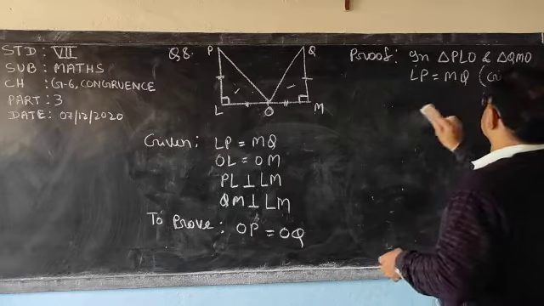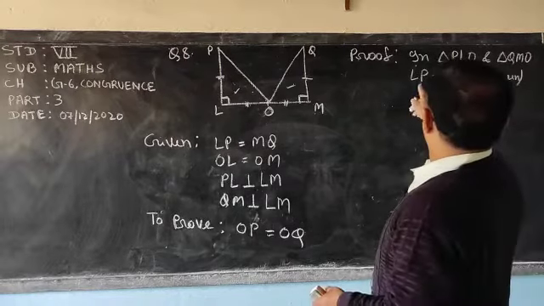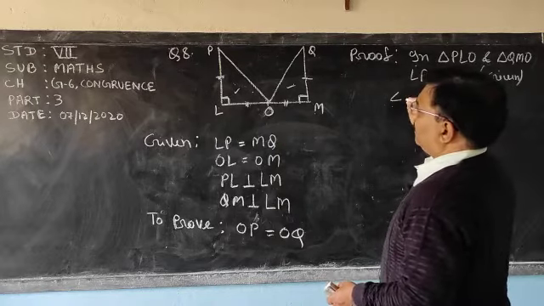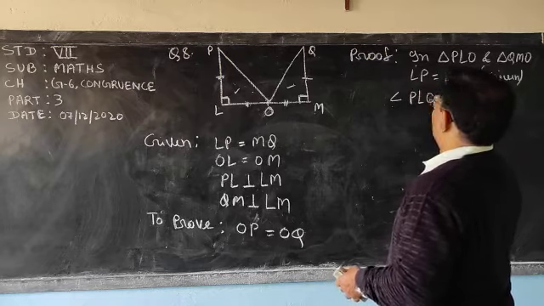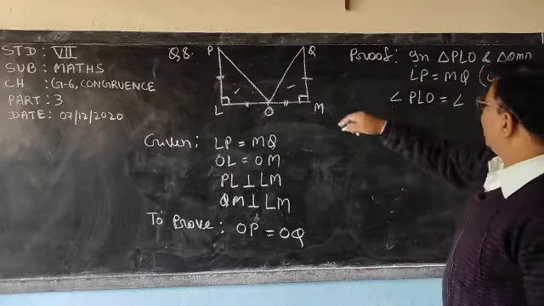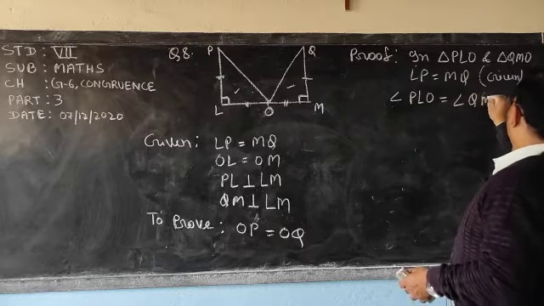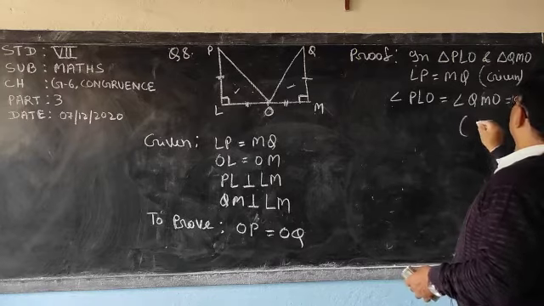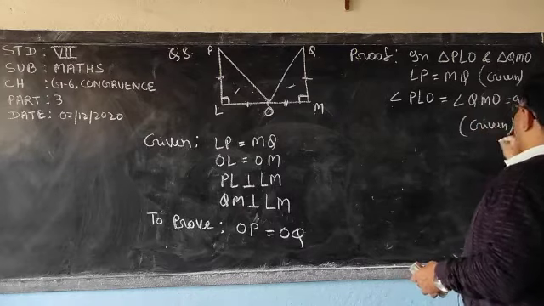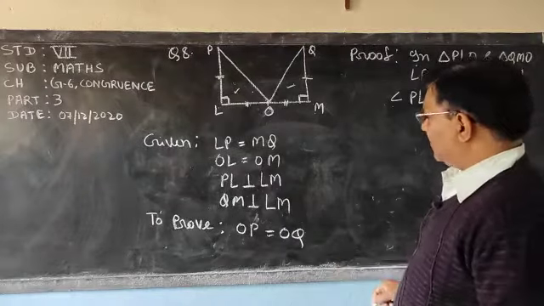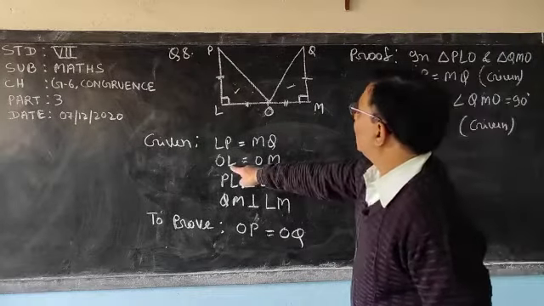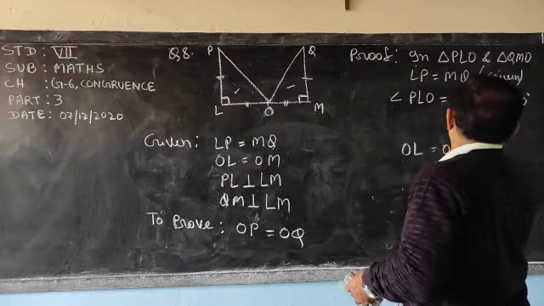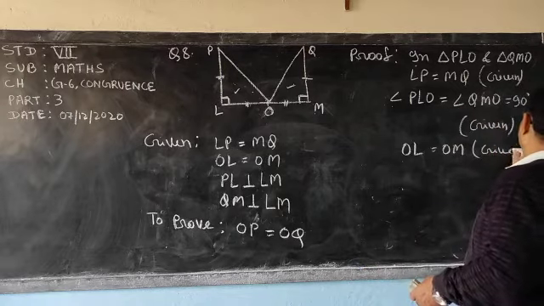Or better, this is given LP is equal to MQ, angle PLO is equal to angle QMO is equal to 90 degrees, and it is also given because perpendicular is given. Now third thing, you can see OL is equal to OM, this is also given.